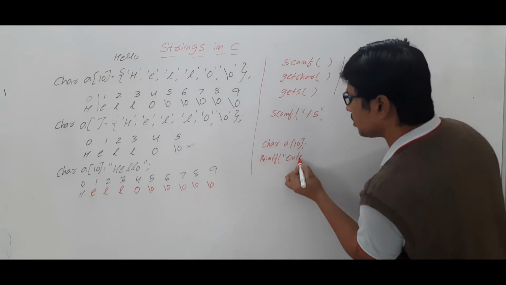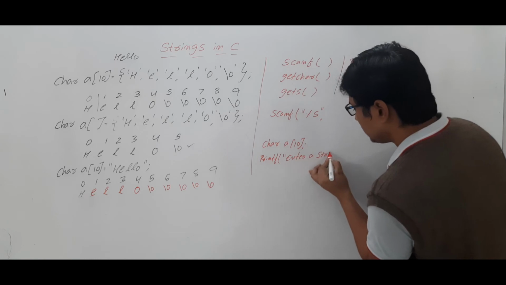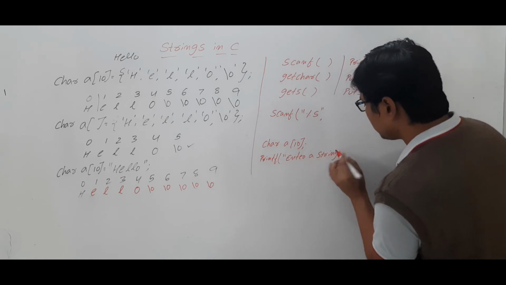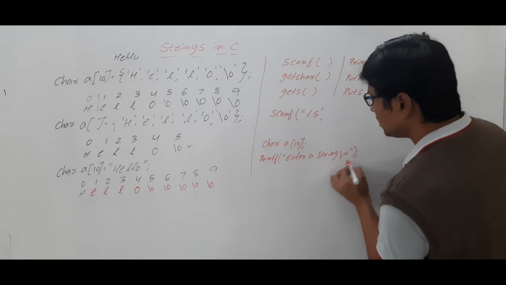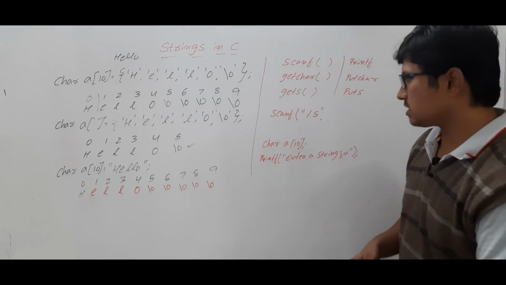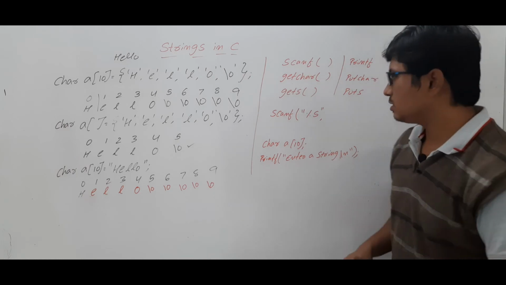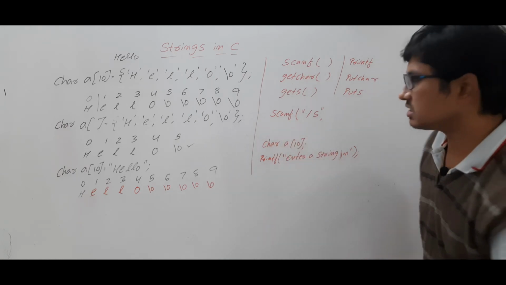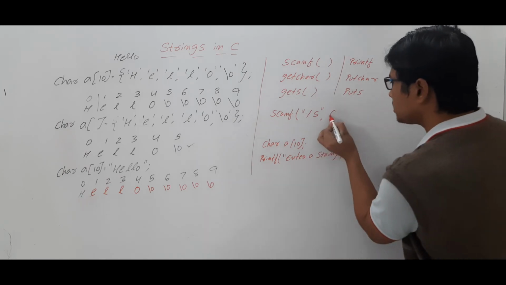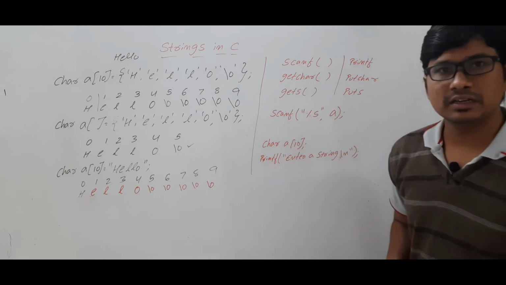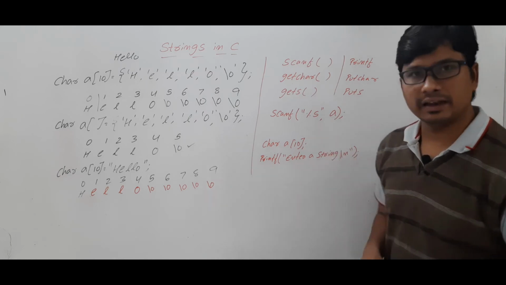These things you know it already, am I right? Then this one will be displayed as an output, enter a string \0. Then the user will enter a string. That string you need to read. So then you can use the scanf function. %s is the format specifier. Then you can use the name of the array. Is it clear? This is the name of the array.